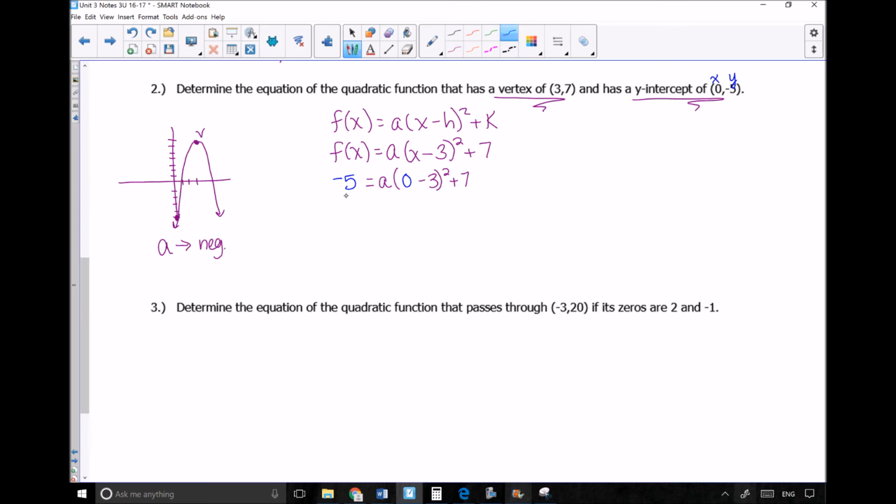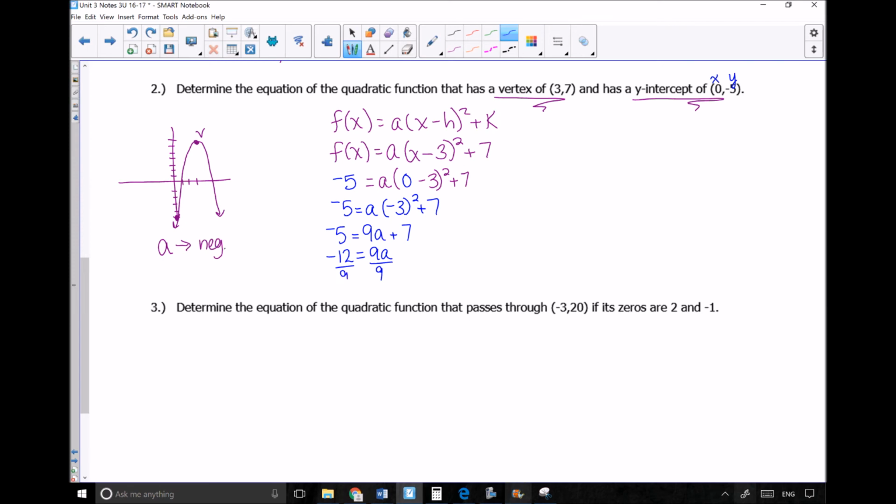So I end up getting -5 equals a times -3 squared plus 7. So I get -5 equals -3 squared is -3 times -3 or positive 9, 9a plus 7. I'm going to subtract 7 from both sides, so I get -12 equals 9a.